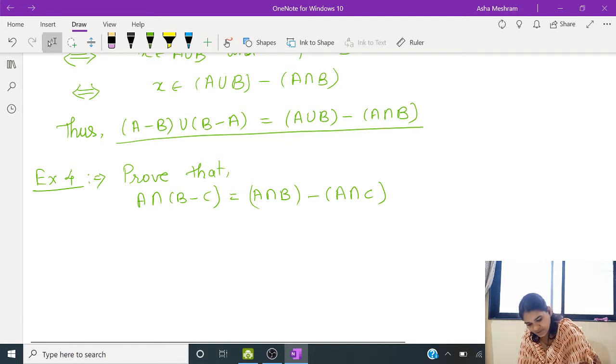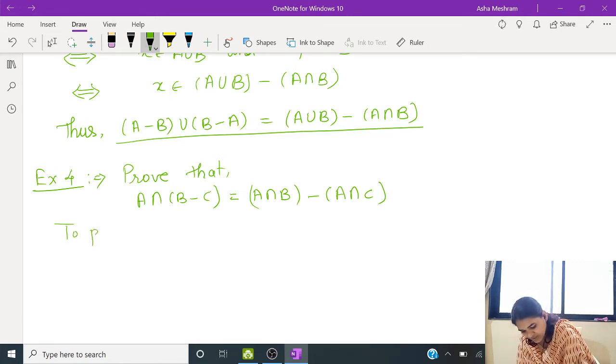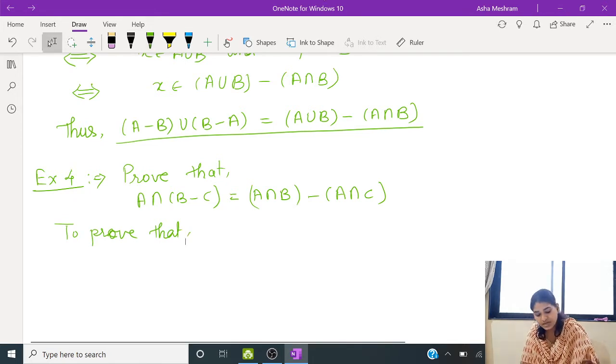So now we will prove that they are subsets of each other, because we have to show these two sets are equal.